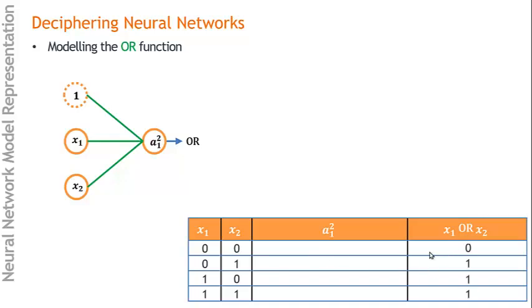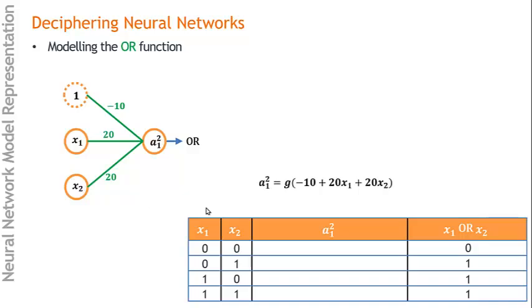So how are we going to make these weights like this? Well, you can think about it this way. We want either x1 or x2 to trigger, and then we want 1 to inhibit. So 1 should have a negative weight, and x1 and x2 should have positive weights. If you fiddle around a little bit, you'll find out that this works.